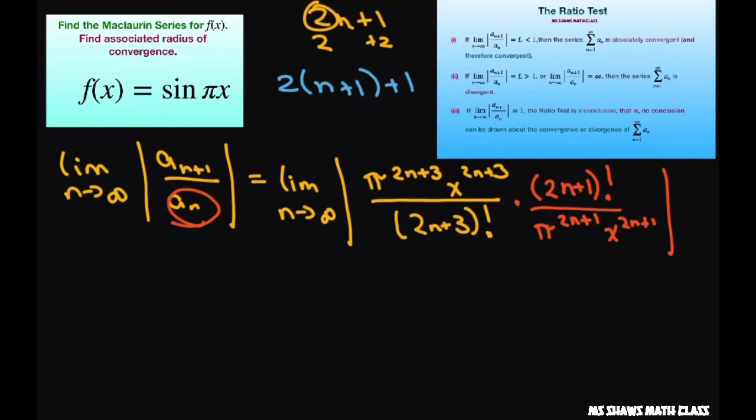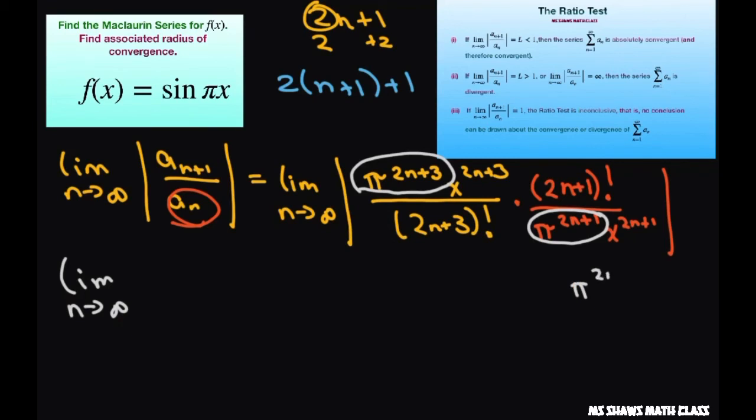Let's write this as the limit as n approaches infinity. Now let's look at the pi. When you have pi to the power of 2n plus 3, you have to subtract 2n plus 1. So this is going to give you pi squared, because we have 3 minus 1.